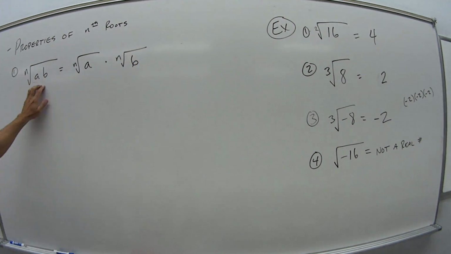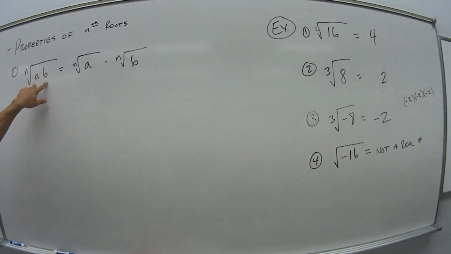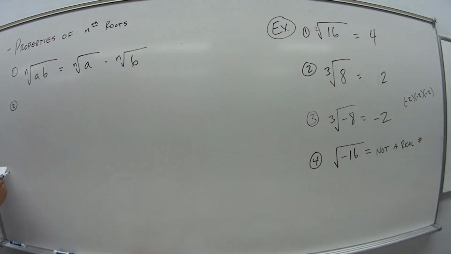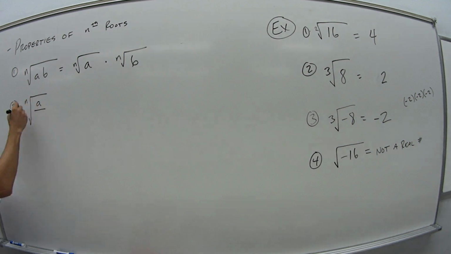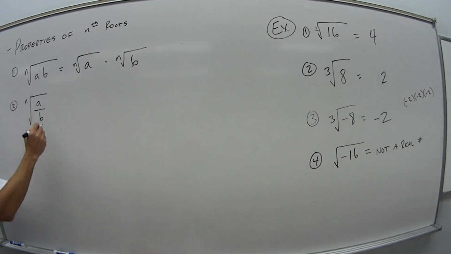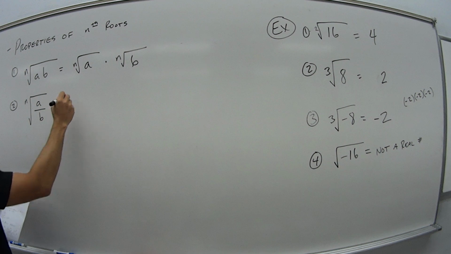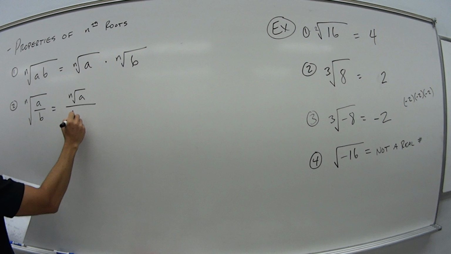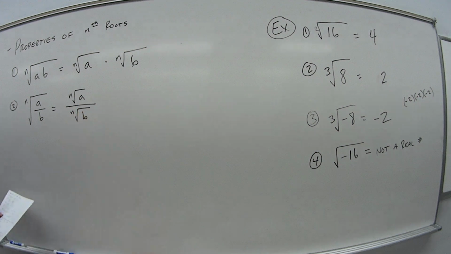So if I have a radical, some number underneath, I can split the number up, I can factor it if I want, and then separate it using that nth root to simplify this number if I need to. If I have a fraction underneath, so the nth root of a over b, again, I can split it up as the nth root of a over the nth root of b.